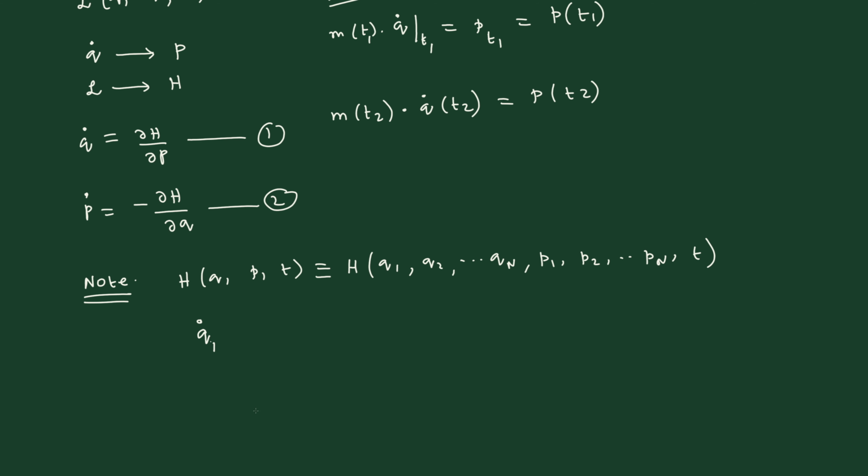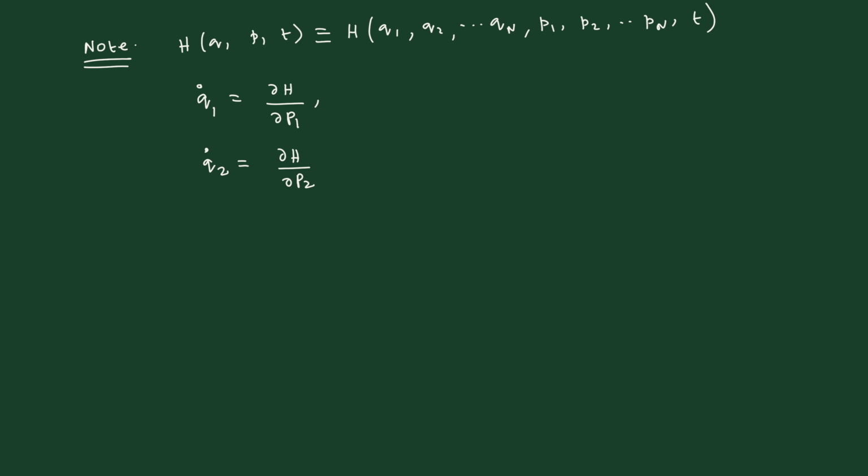So I will write that q1 dot is equal to ∂H/∂p1. This is important, q1, p1. This is one equation. Then the second equation would be q2 dot is equal to ∂H/∂p2. And this has to be repeated for all the degrees of freedom. If we have capital N of them, then we write qN dot is equal to ∂H/∂pN.